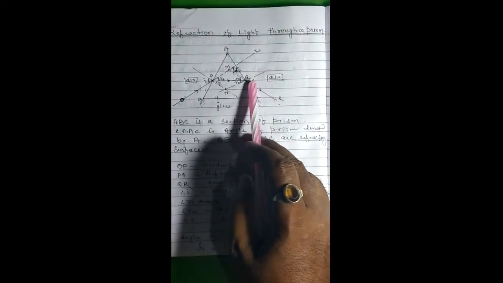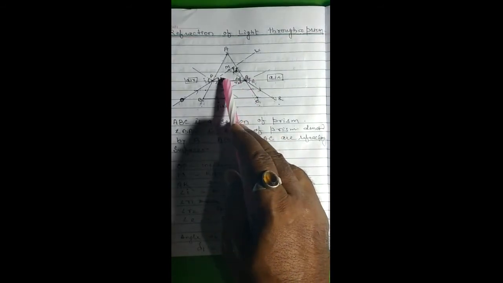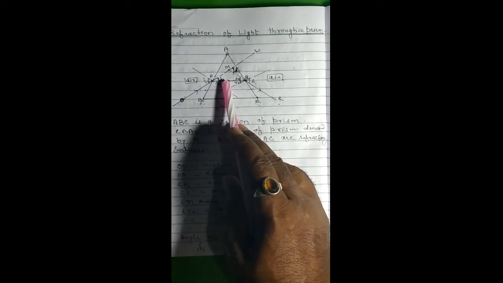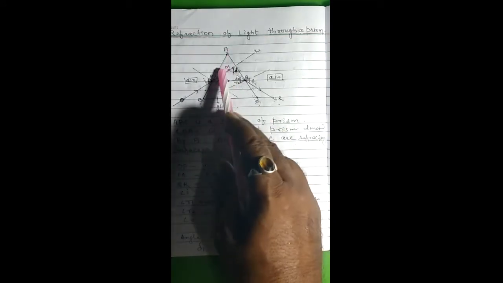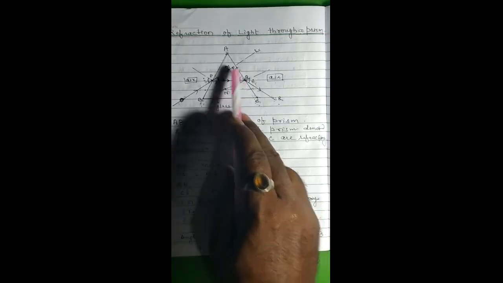Angle del 1 is the angle of deviation of light at surface AB. Del 2 is angle of deviation of light at surface AC.